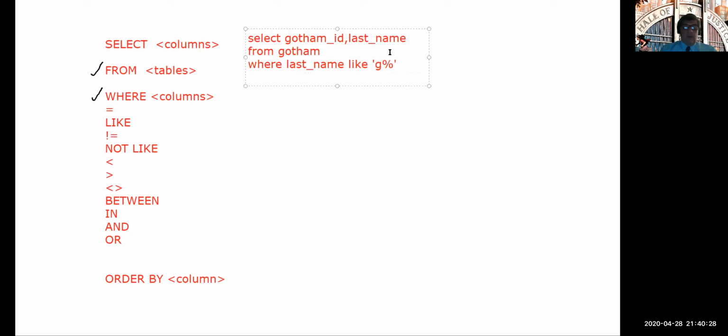If you throw an order by clause in here, the from statement goes first, the where statement goes second, the order by goes third, and then the select statement happens. So even though the select part of the query is the first thing written, it is actually the last thing that happens.